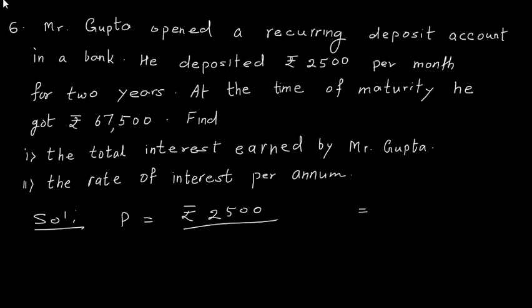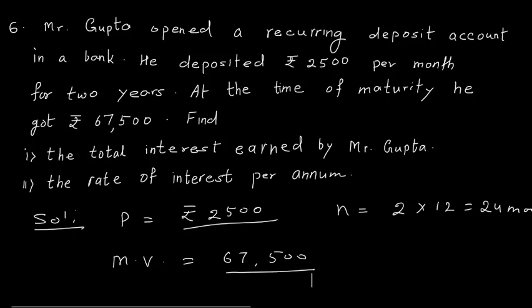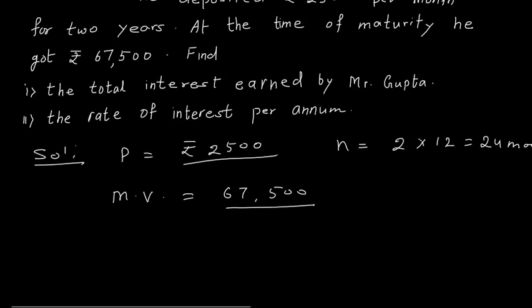So I will say N is equal to 2 years, that is 2 into 12, that is 24 months. Then maturity value is given. Maturity value is 67,500. Total interest we have to find out. So I is a question mark and R is also a question mark.